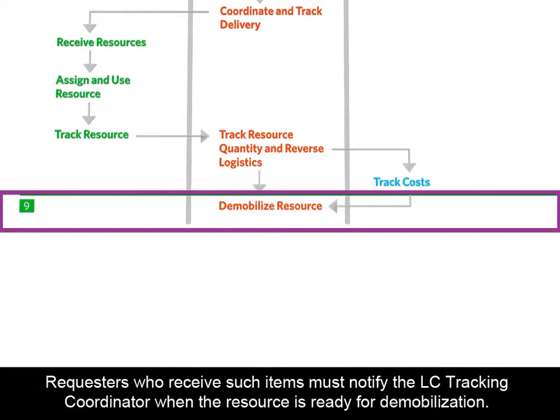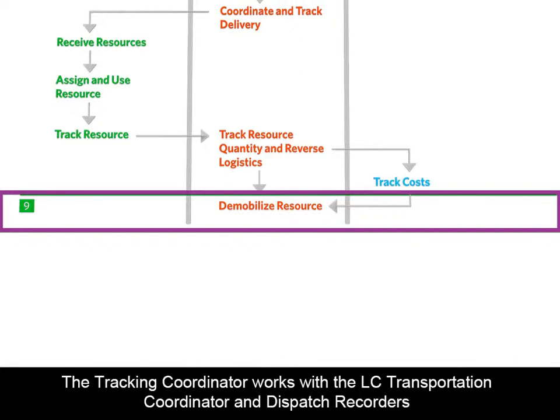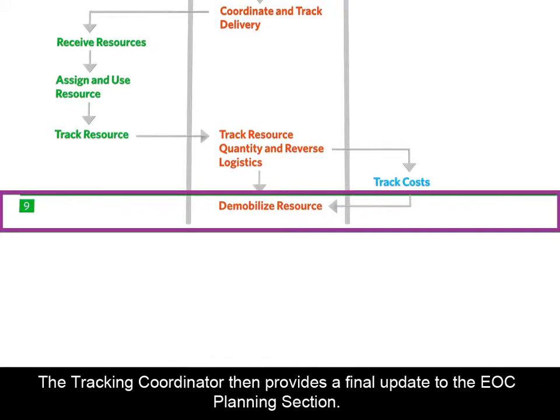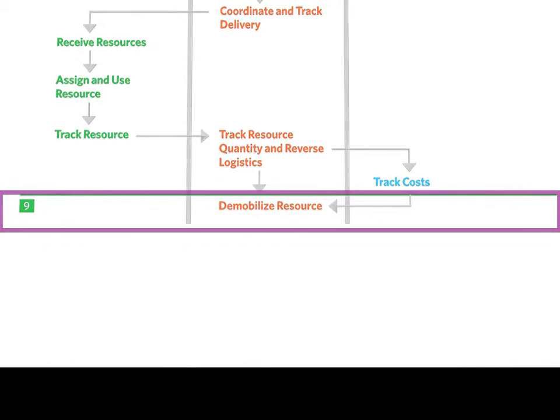Requesters who receive such items must notify the LC tracking coordinator when the resource is ready for demobilization. The tracking coordinator works with the LC transportation coordinator and dispatch recorders to demobilize the resource and provide the EOC Administration Finance section with any information needed for payment purposes. The tracking coordinator then provides a final update to the EOC planning section.